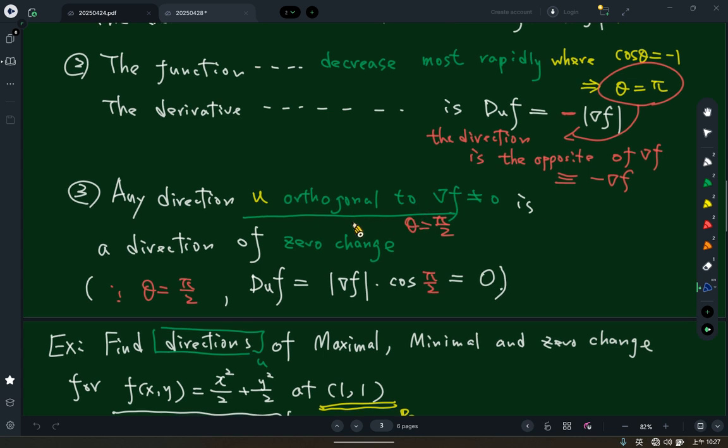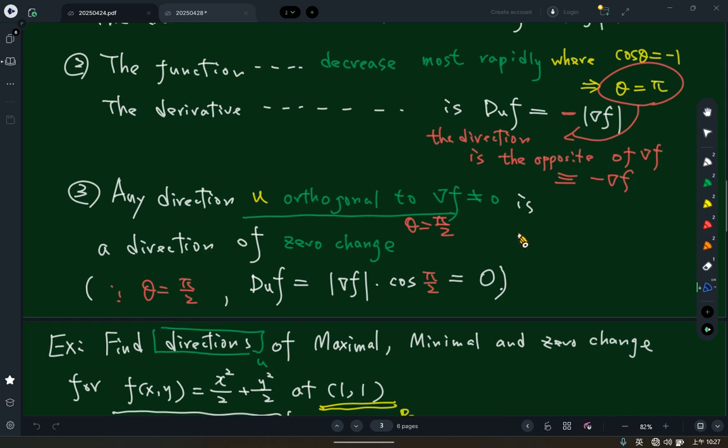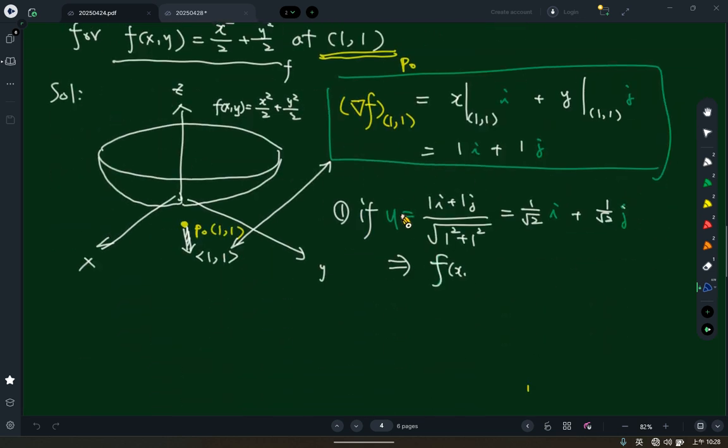Then if the direction follows some direction which is orthogonal to the gradient vector, then following this direction, the function value will just keep the same. That means the function value has zero change. Okay, so then I just also give you an example.